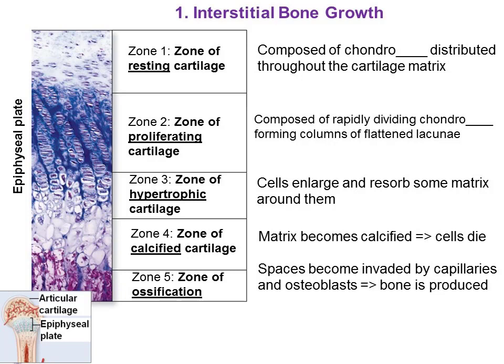Now, once we have all of these chondrocytes, then we get into this stage where the chondrocytes actually are going to hypertrophy. Now, what does hyper mean? Above. Hypertrophy means above growth, added activity. They're getting fat. And they're getting fat because they're resorbing a lot of the matrix around them.